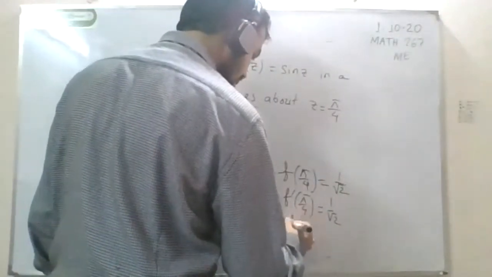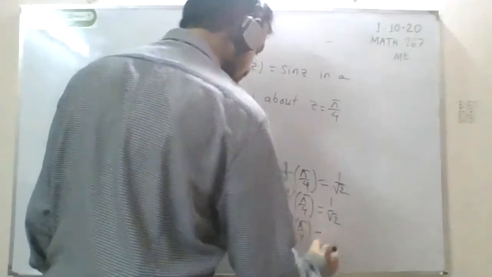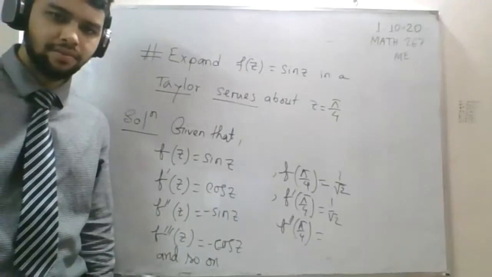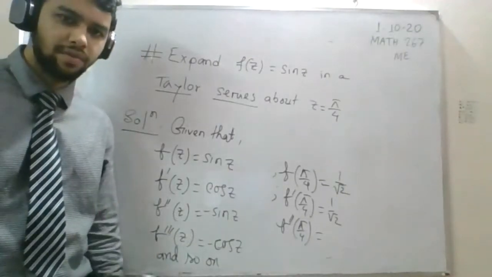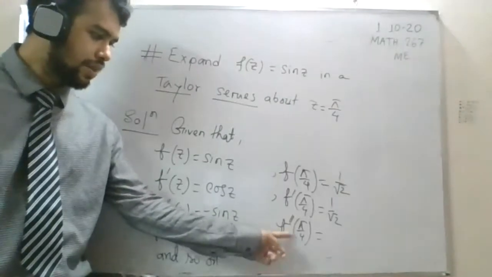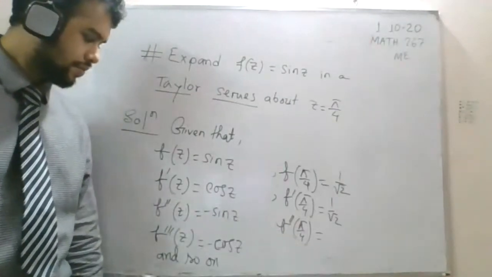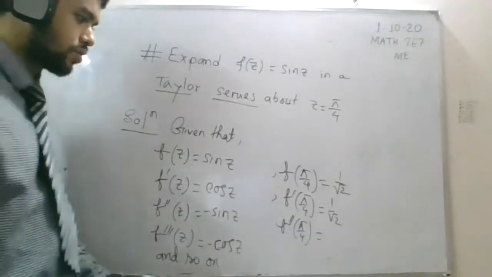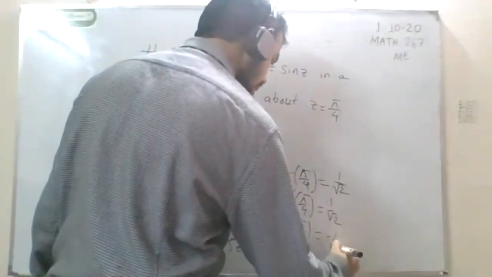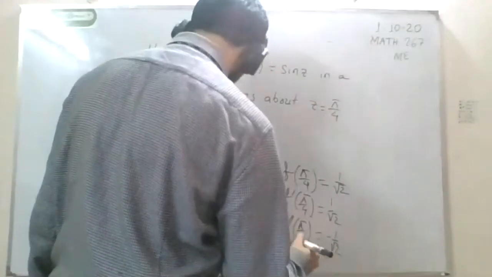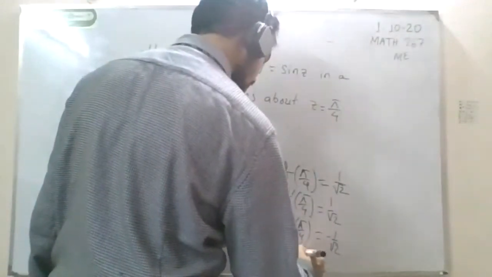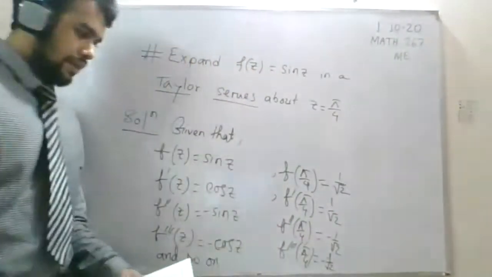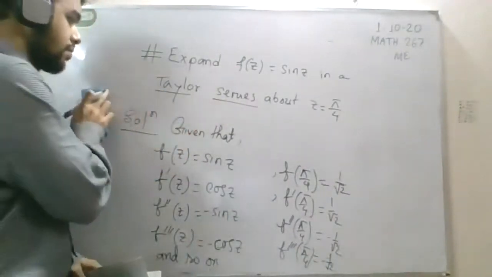After that, f double prime pi by 4. What is its value? It is minus 1 by root 2.